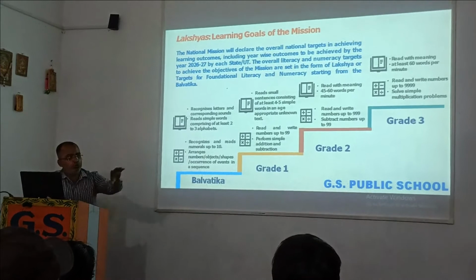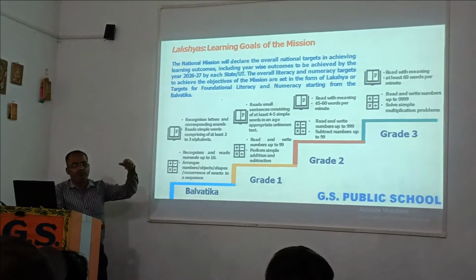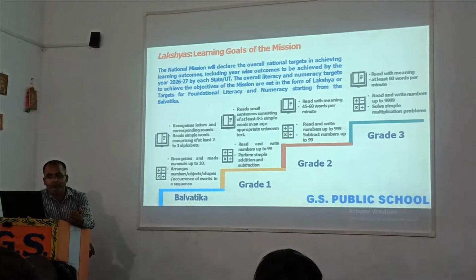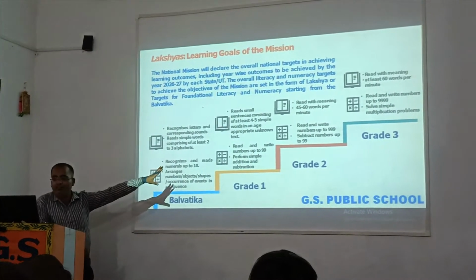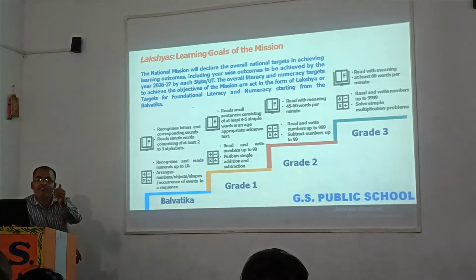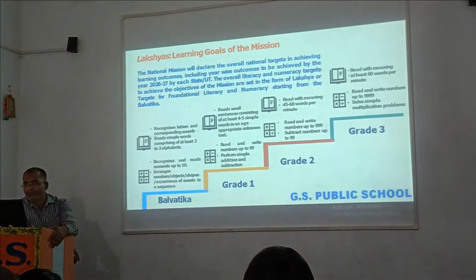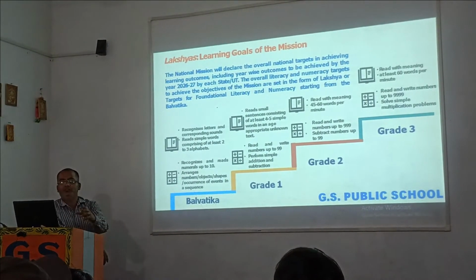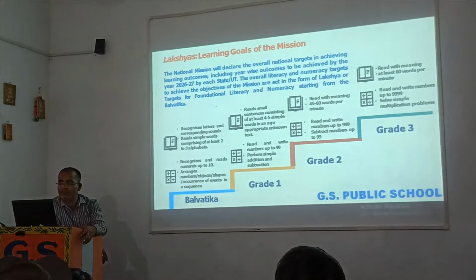If a student is able to do all these things, this is the average performance of the student. If a student is not able to give this output, the student is marked or recognized as below average. So from these kinds of criteria, we are able to analyze the performance of a student.